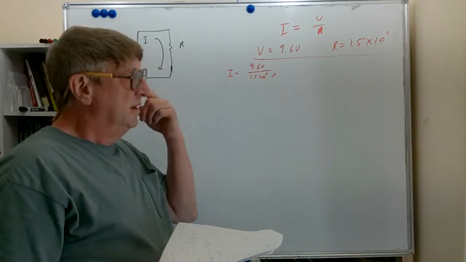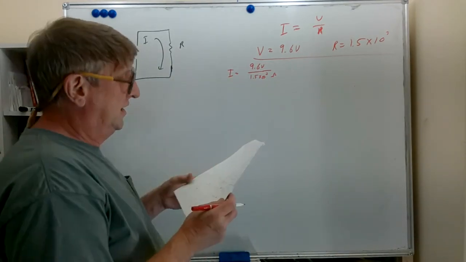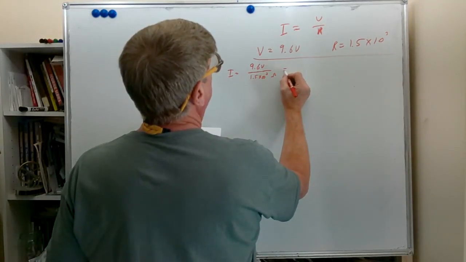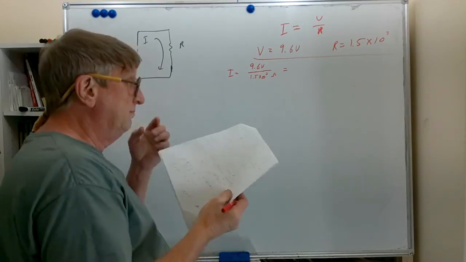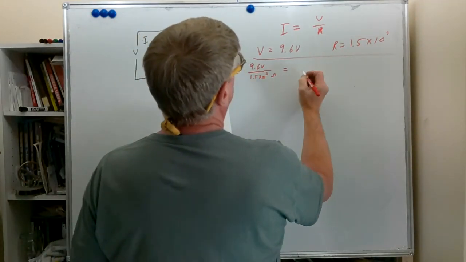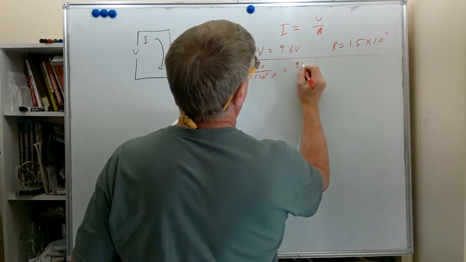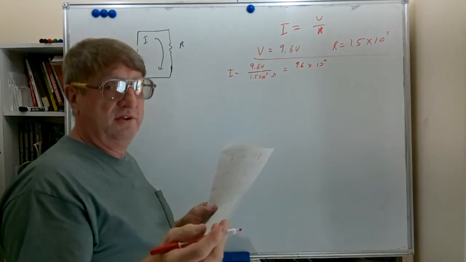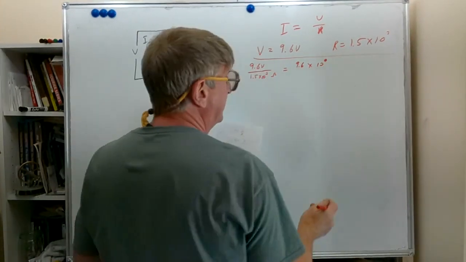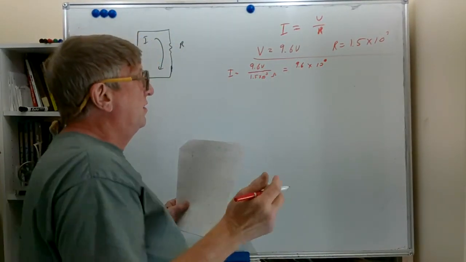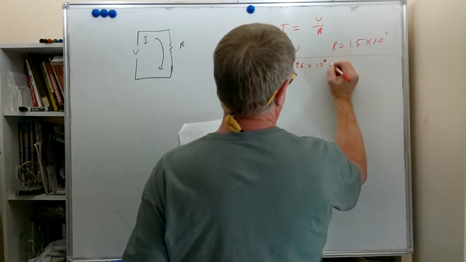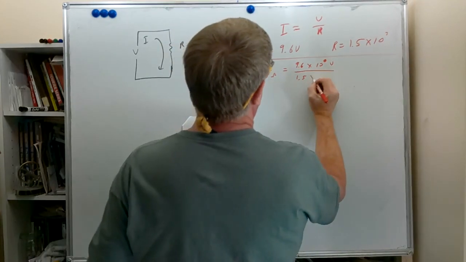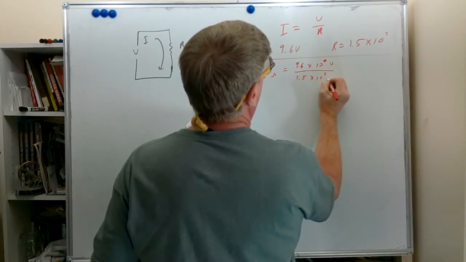And since we're working with powers of 10, we're going to separate this to make the calculations simpler. First, we rewrite this as 9.6 times 10 to the 0. Remember, anything to the 0 power is equal to 1, and that's volts over 1.5 times 10 to the third ohms.